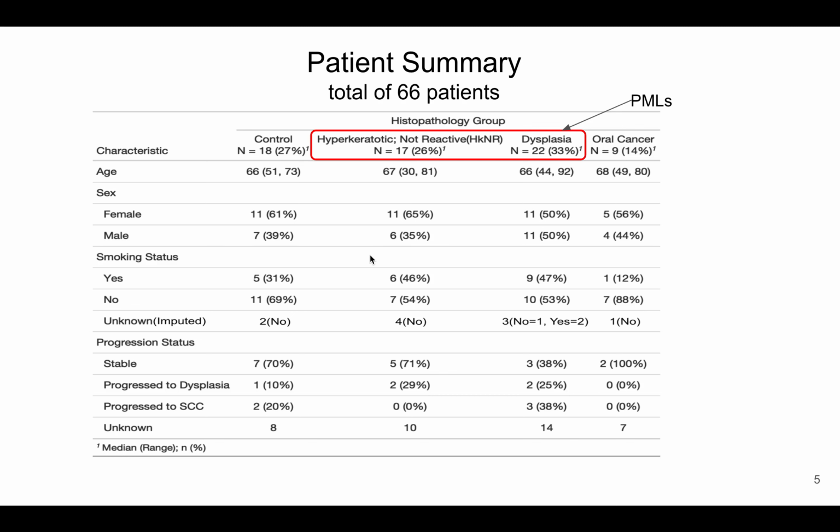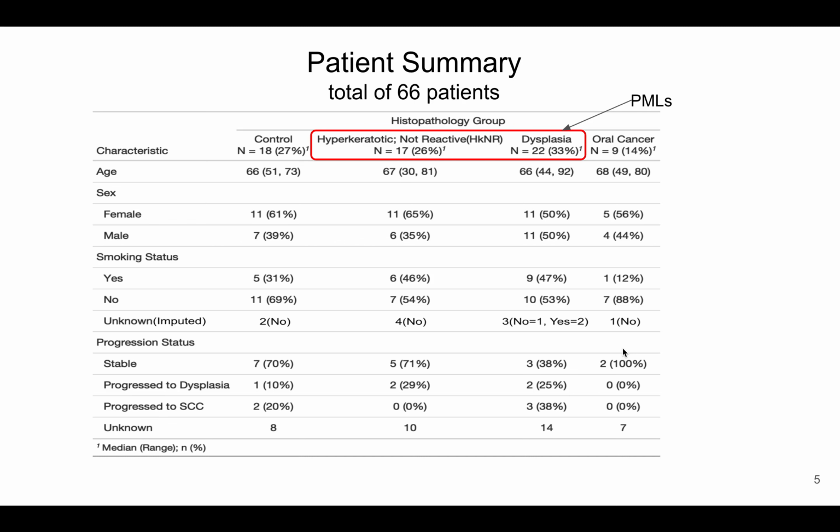We generated total transcriptomic sequencing profiles from biopsy samples of 66 patients comprising healthy controls, the HKNR group and dysplasia group, which together make up more than 50% of the samples in the study identified as PMLs, and then we also have oral cancer.